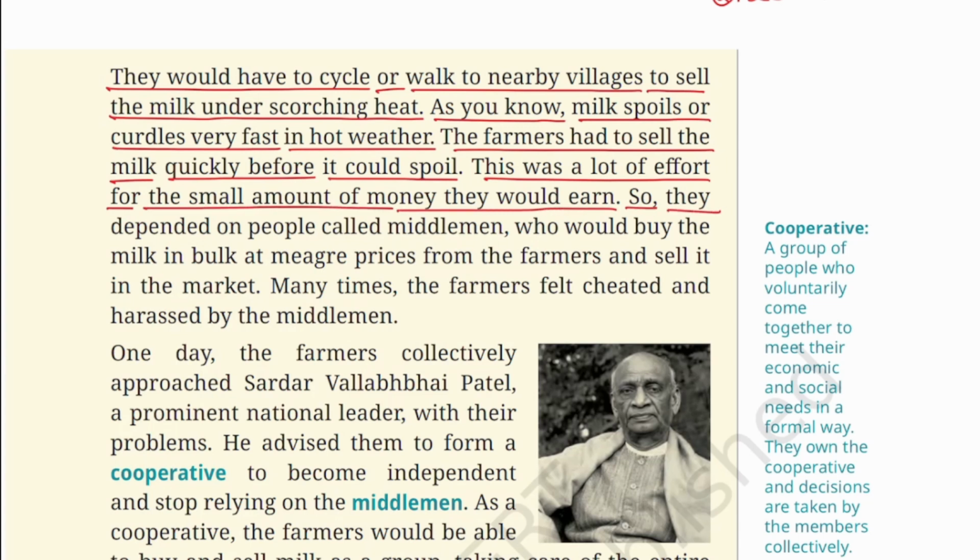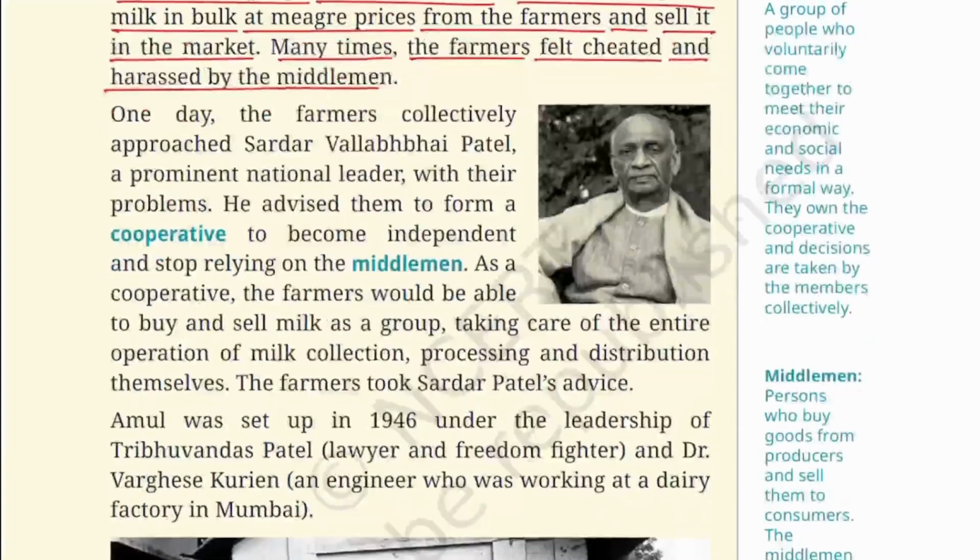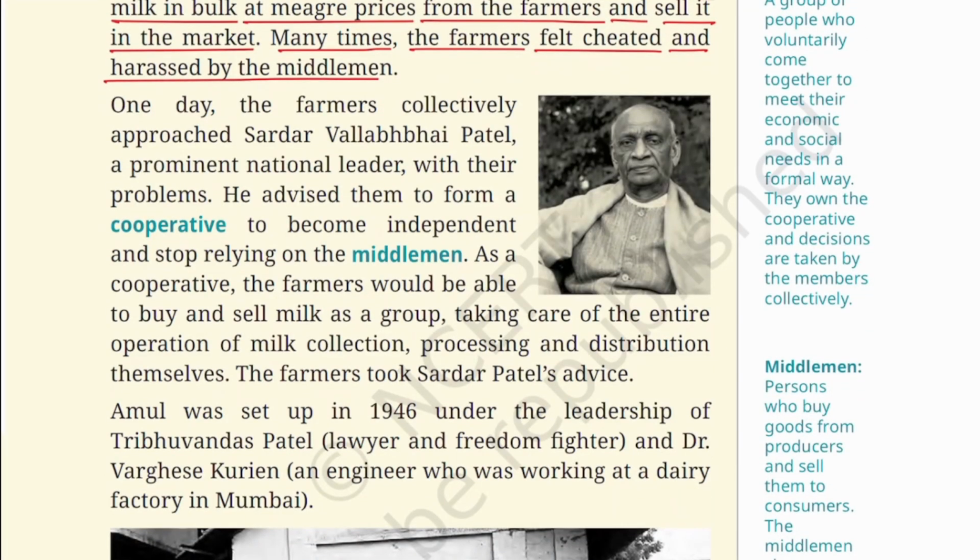So, they depended on people called middlemen who would buy the milk in bulk at meager prices from the farmers and sell it in the market. Many times the farmers felt cheated and harassed by the middleman. One day, the farmers collectively approached Sardar Vallabhbhai Patel, a prominent national leader, with their problems.